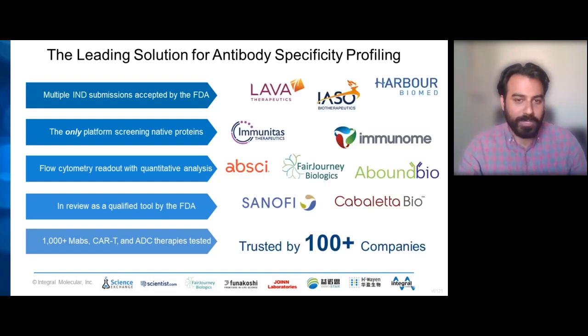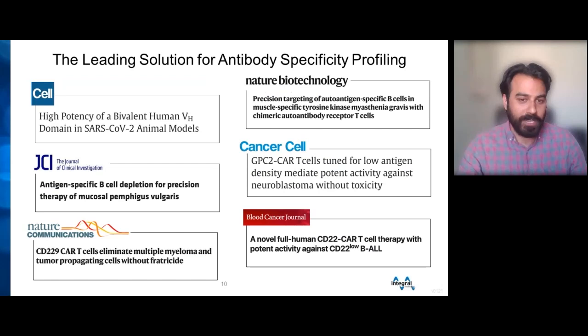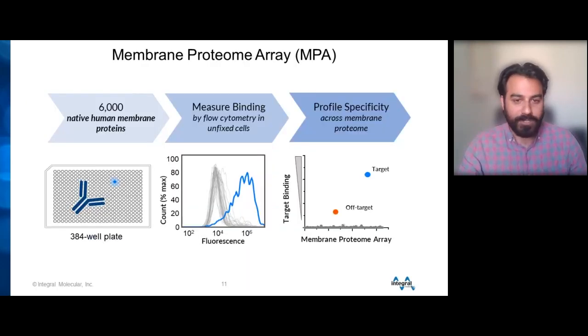We are proud to have been trusted by over 100 companies that have incorporated the MPA into their drug development programs, further validating our data in their studies published in high-impact journals and taken into the clinic. You will hear more about these types of studies later on in this talk from Diana, but first I want to really dive into the technology that makes the MPA unique.